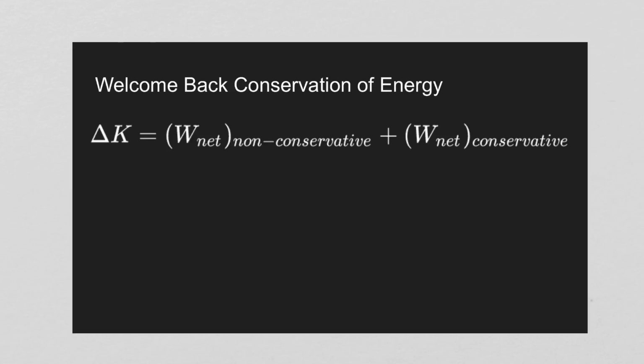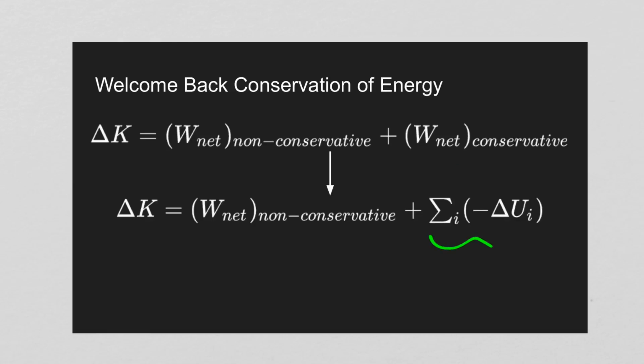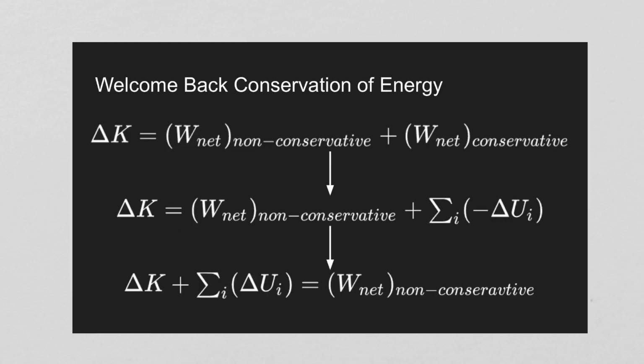Let's move on. So what we can do is rearrange this. I've got this work done by conservative forces, which I can cast as a change in potential energy. Let's move that over here. And what do we have here? Looky there.